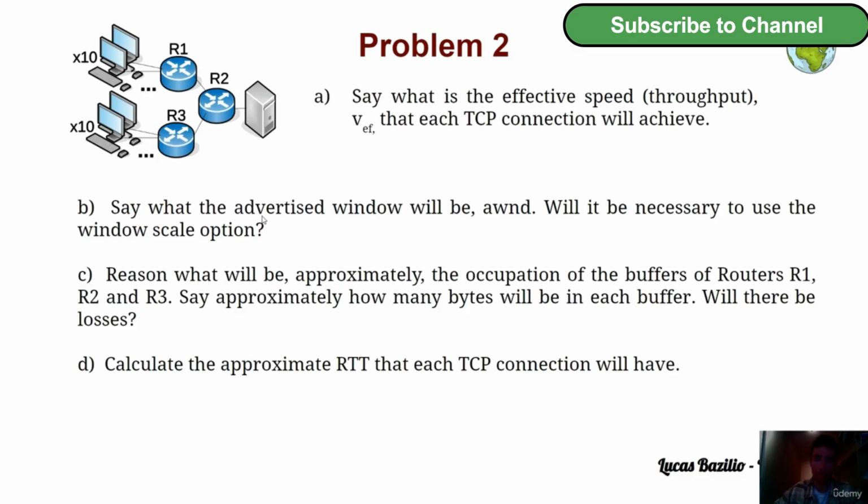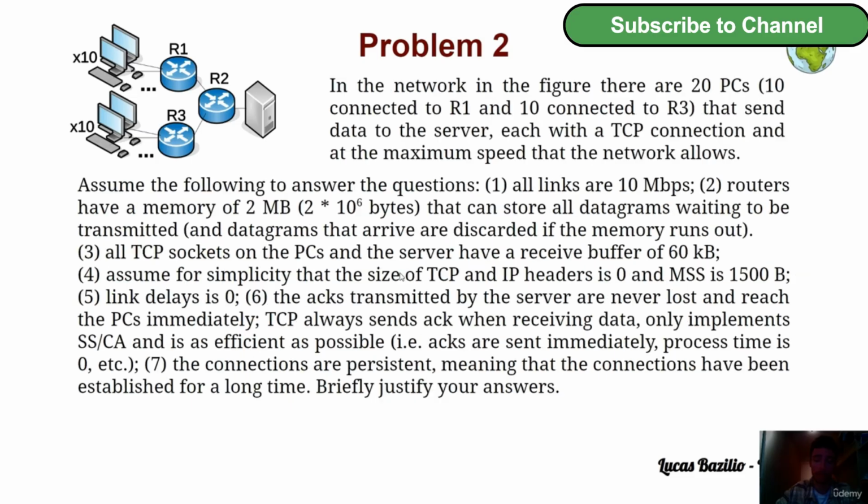Well, let's go by parts. First of all, let's calculate what is going to be the advertised window. To calculate the value of the advertised window, we need to look closely at the value of the receive buffer, or the reception buffer. Here, all of the TCP sockets on the PCs and the server have a receive buffer of 60 kilobytes.